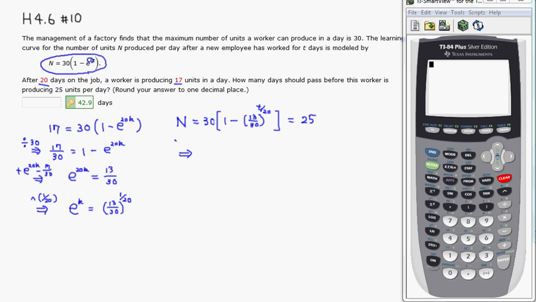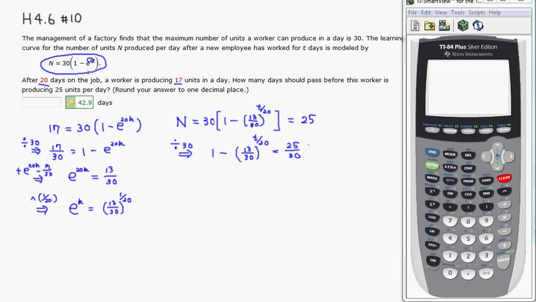The first step would be, again, to divide through by 30. That will give us 1 minus 13 over 30 raised to the t over 20 is equal to 25 over 30.